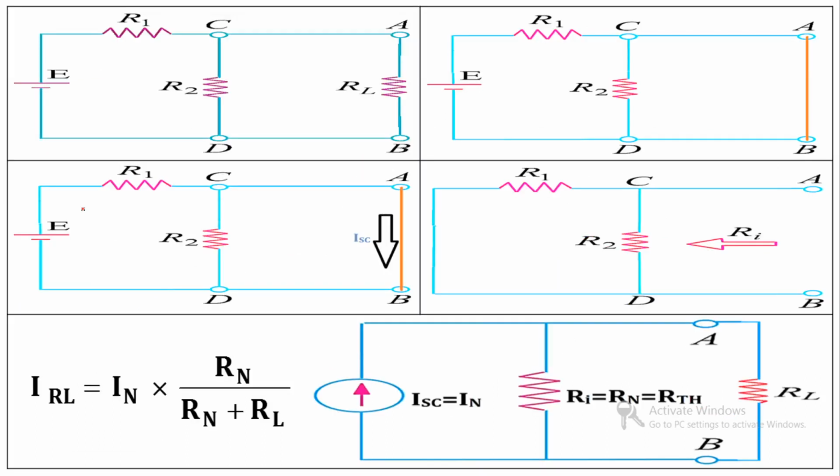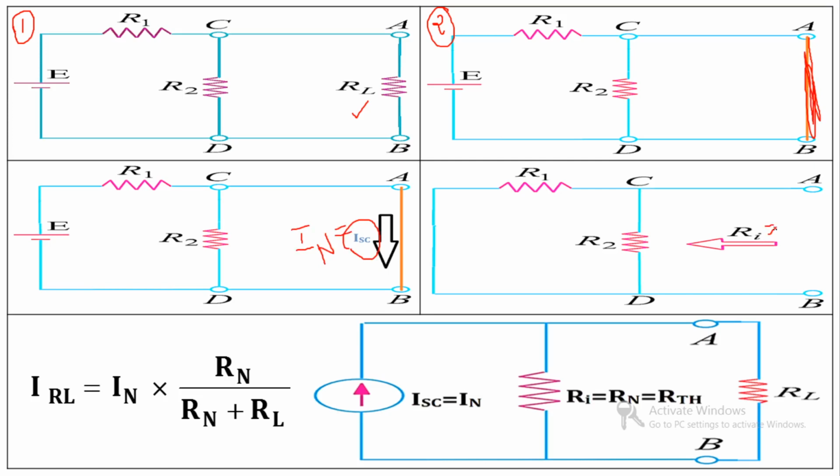In this single slide I have used all these steps. The first step is that the network is given. In the second step, we replace the load with a short circuit. Clear? We short circuit the element AB and find the short circuit current, or Norton's current, through that branch.